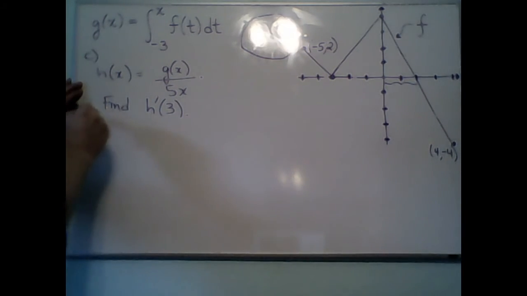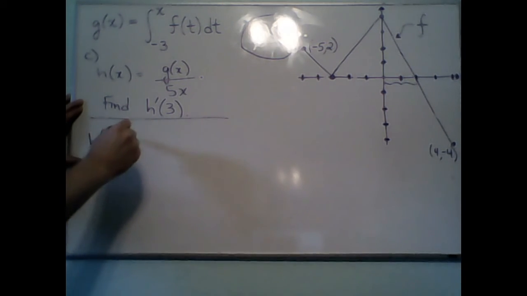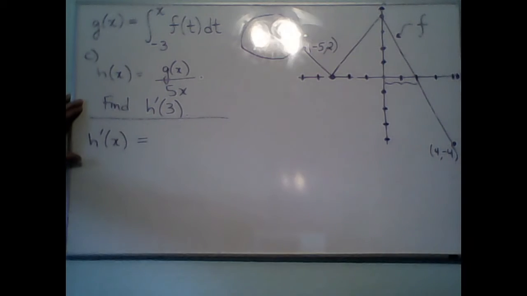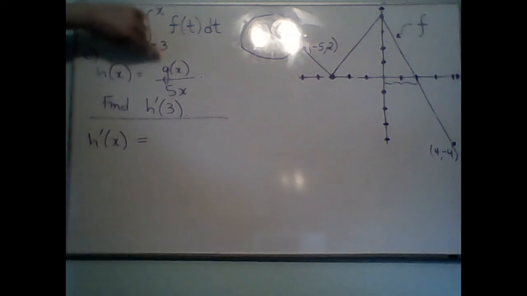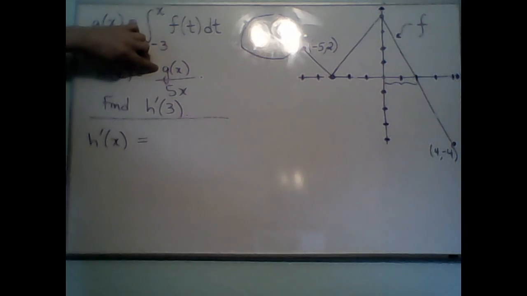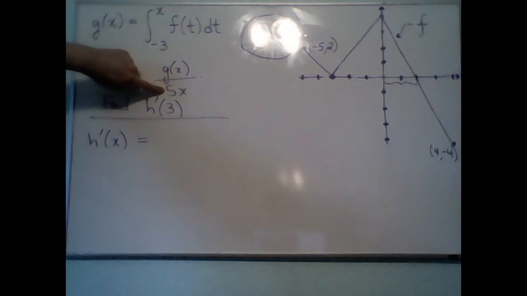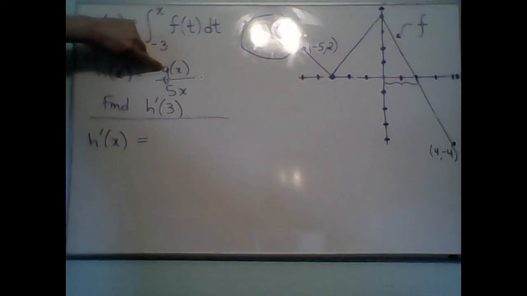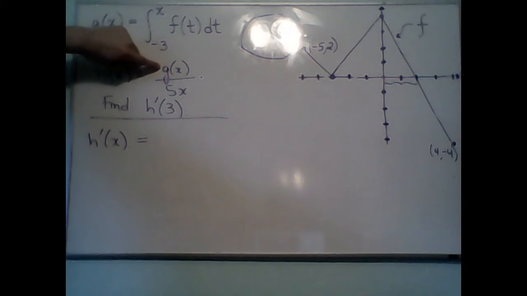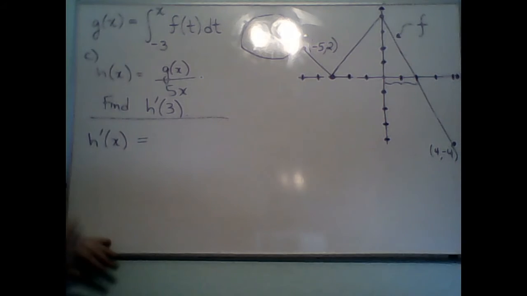So before I can find h prime of 3, I need to find the general function h prime of x. And h is defined as a quotient of two functions of x, g of x and 5x. The AP exam loves to mix up explicitly defined functions and functions that are only given a variable name. Well, actually, we do know what g of x is.